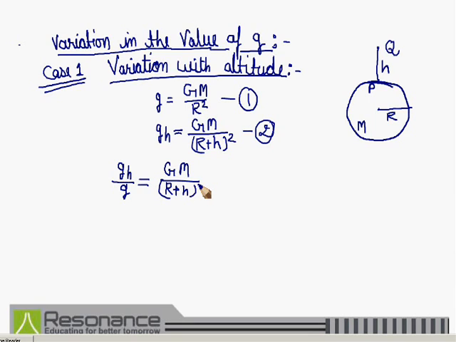GM upon (R plus h) square into R square upon GM.